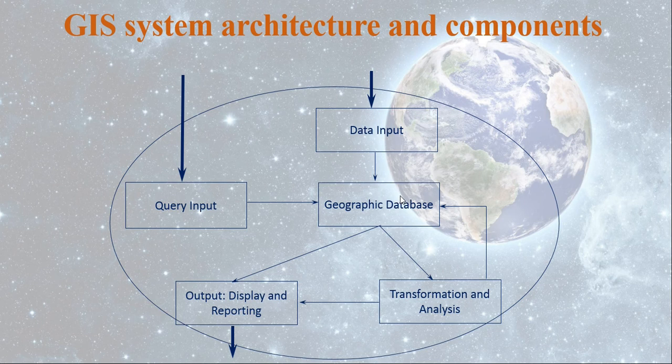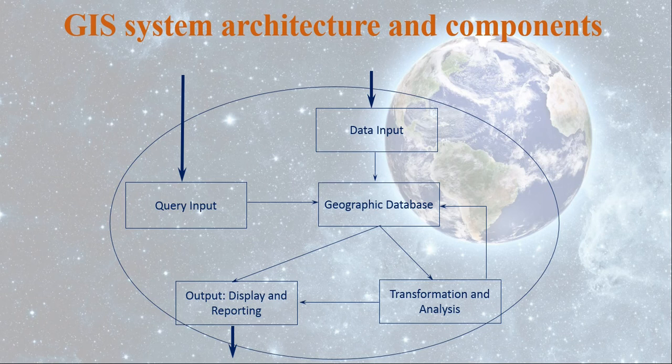The database is analyzed or transformed if needed. Then the result is displayed and exported as output. For example, we have a river and the buildings along it as input. We want to specify and export buildings located within 100 meters of the river. We enter the query into the system as input.